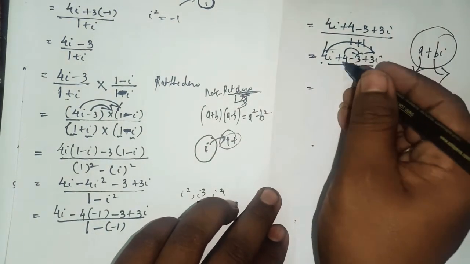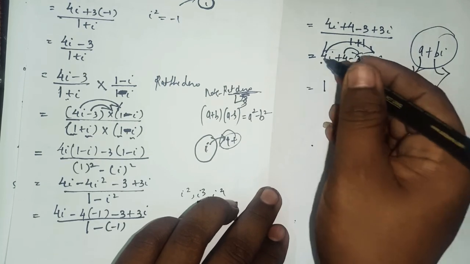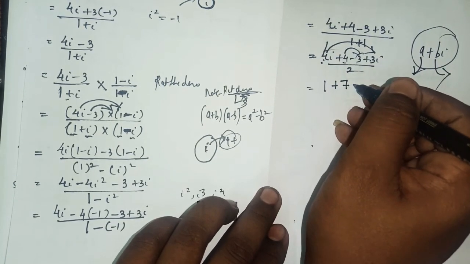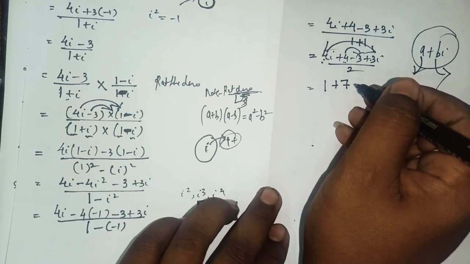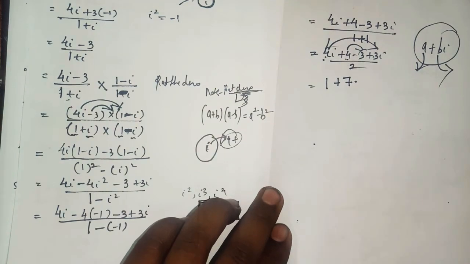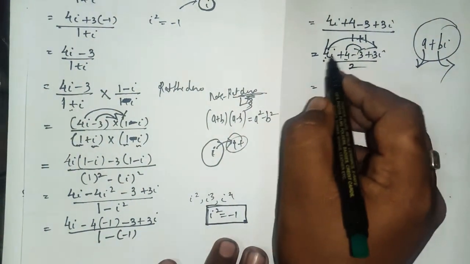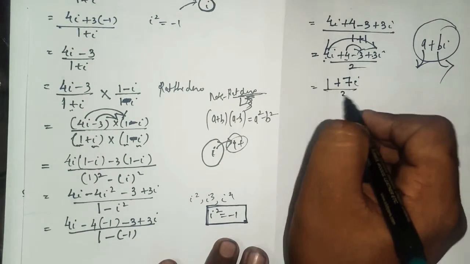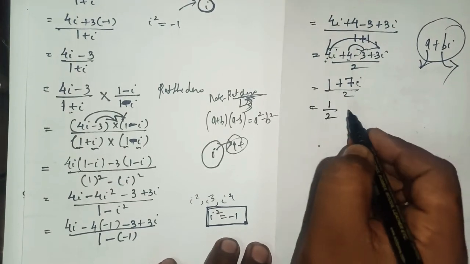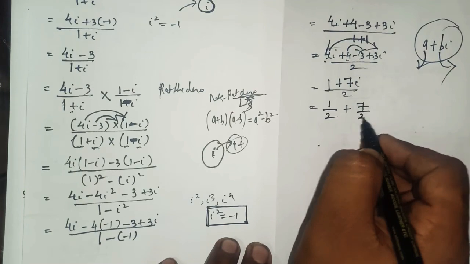So 4 minus 3 is 1, 4 plus 3 is 7. Understood? 7i upon 2. Simply separate the denominator, so here you will get 1 upon 2 plus 7 upon 2 i.